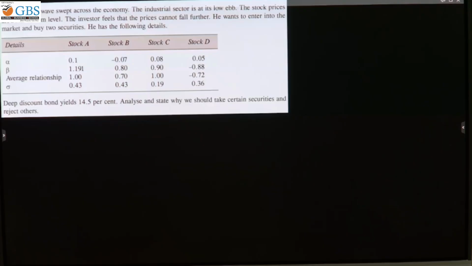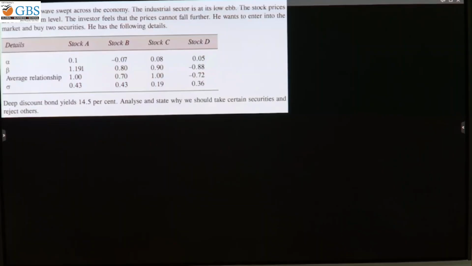Deep discount bond yield is 4.5%. Analyze this, and state why we should take certain securities and reject others. Among four, stock A, stock B, stock C, stock D, you need to suggest two, with reason. Tell me which one you are going to choose, on the basis of alpha, beta, average relationship, and also standard deviation.